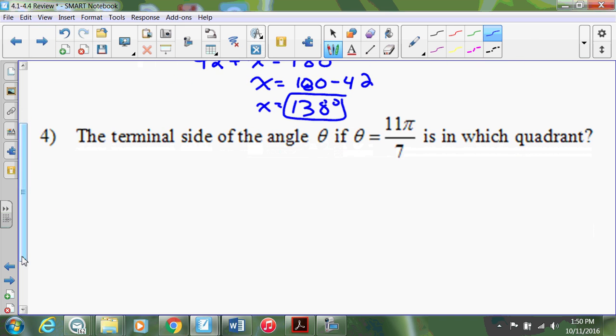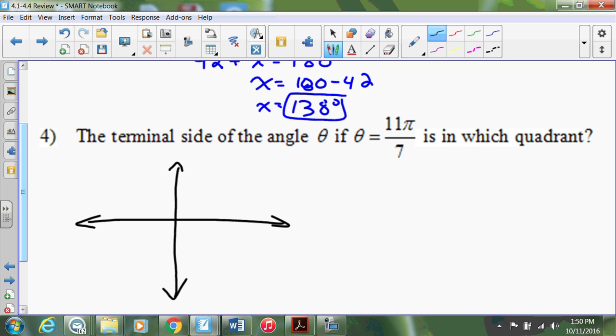Okay, the terminal side of the angle theta, if theta is equal to 11 pi over 7, is in which quadrant? Okay, we're going to go straight to thinking about our four quadrants. 11 pi over 7 is just short of 14 pi over 7, right?